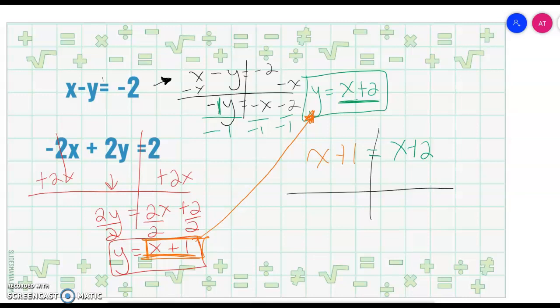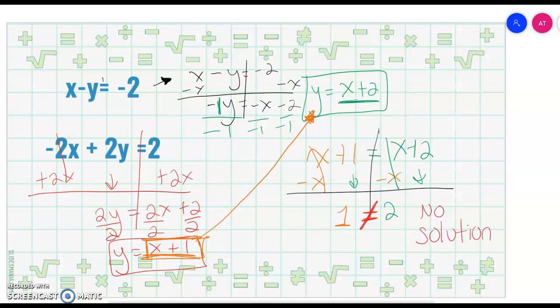So I'm going to actually subtract this orange x from both sides. 1x minus 1x is 0. And I'm left with 1 equals, on the other side the x's cancel, and I'm left with 2. Oh no, can 1 equal 2? Absolutely not. So I'm going to put a slash through the equal sign and say no solution.